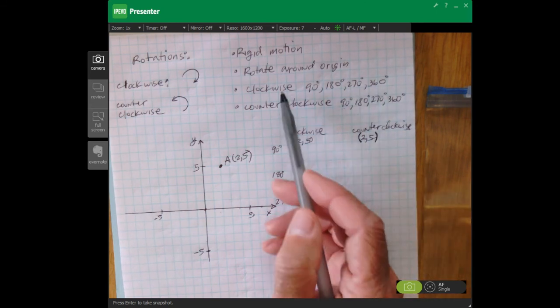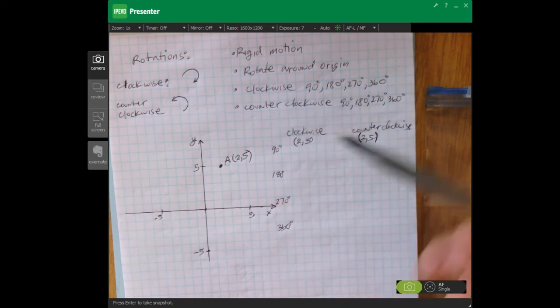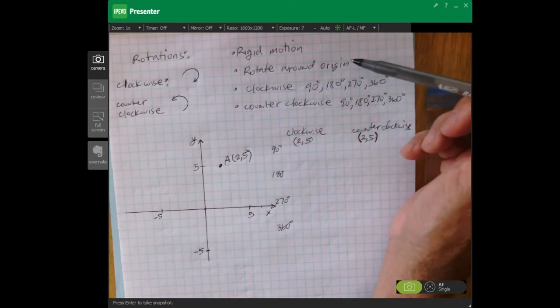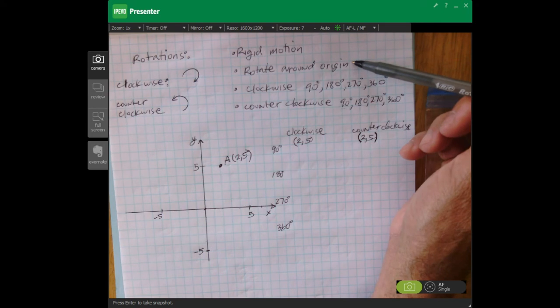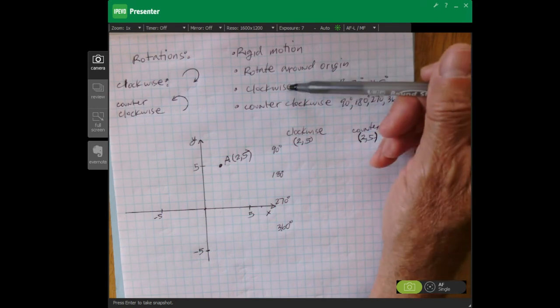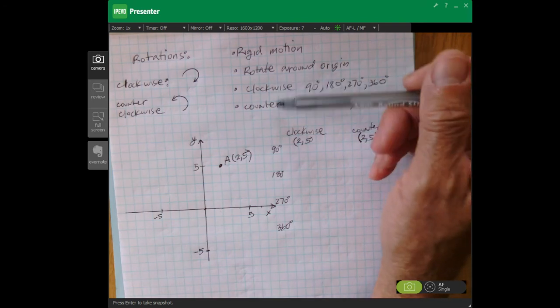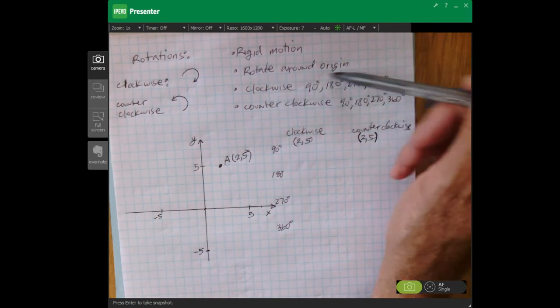They will either be clockwise or counterclockwise. So those are the three things you need to identify in a rotation: the point around which you are rotating it, the direction of rotation, and the degree.